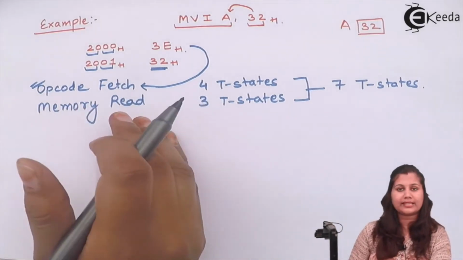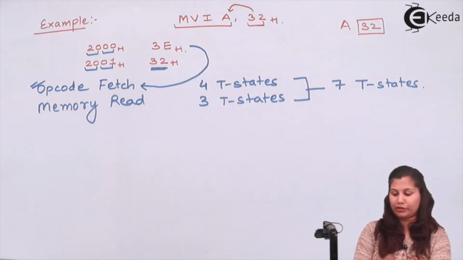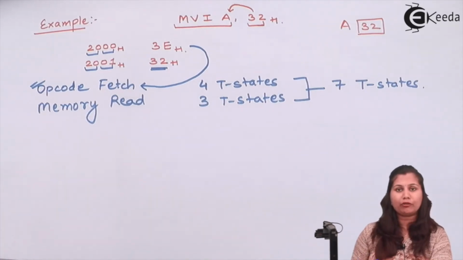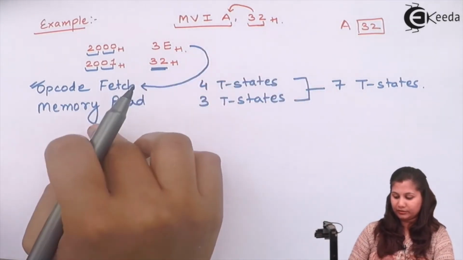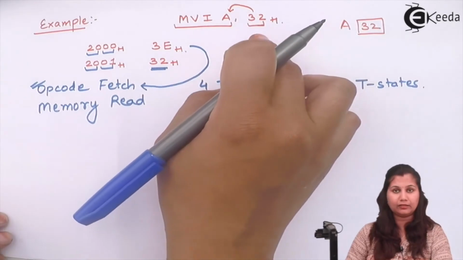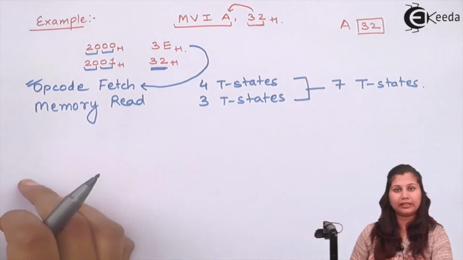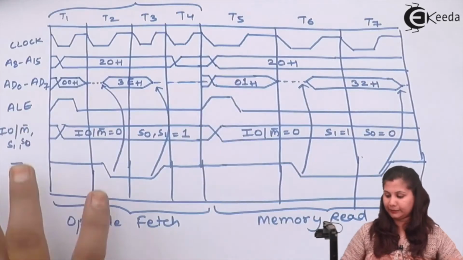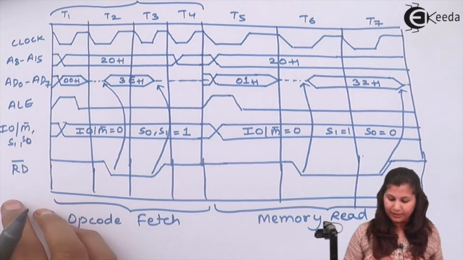Second, you have to decide whether it's a memory read, memory write, input output read or input output write operation, and correspondingly for that machine cycle you draw the timing diagram. Here we can judge that it's a memory read operation, so we have drawn the timing diagram for the memory read machine cycle, and obtained the complete timing diagram for this instruction.